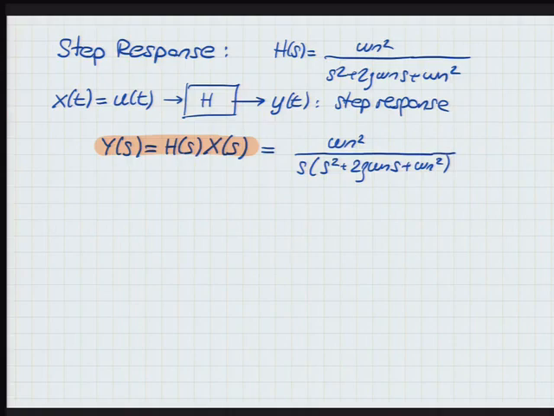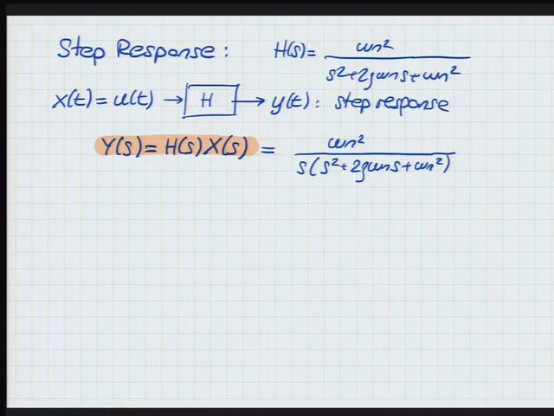A good way of doing that is always the partial fraction expansion. We actually did something like this without this s in the denominator just a minute ago, right? And in that example, we just compared it to the Laplace transform of a sine function, and that's how we did it. But now we have another s. So let's do it the more proper way, or the partial fraction expansion way.